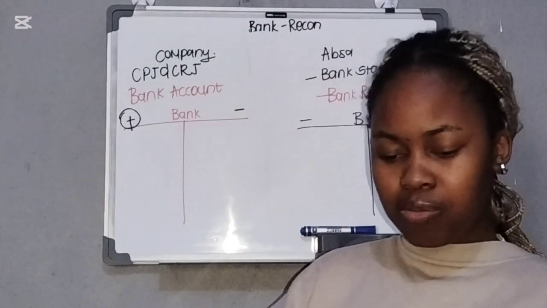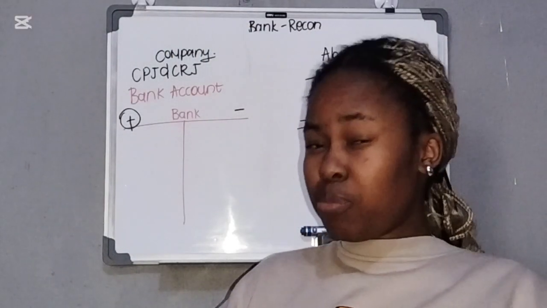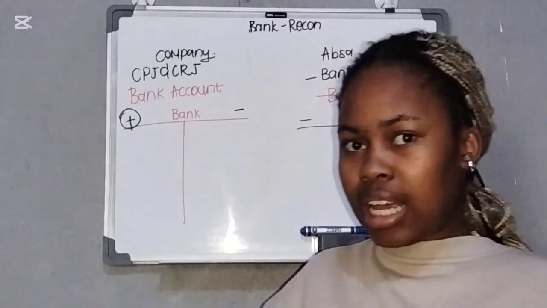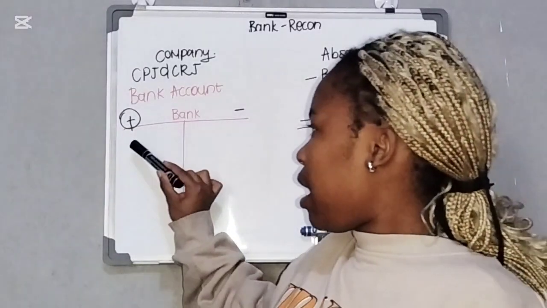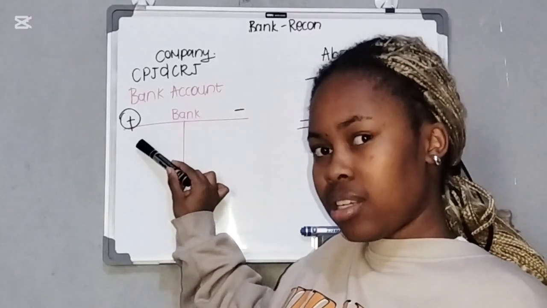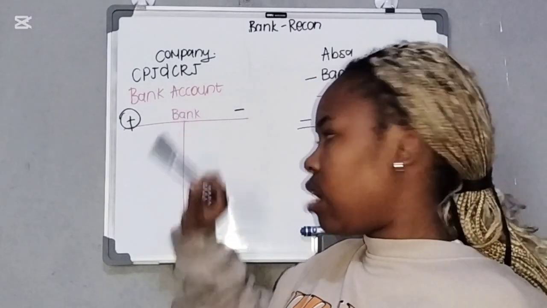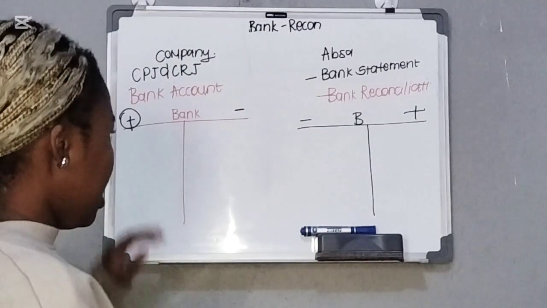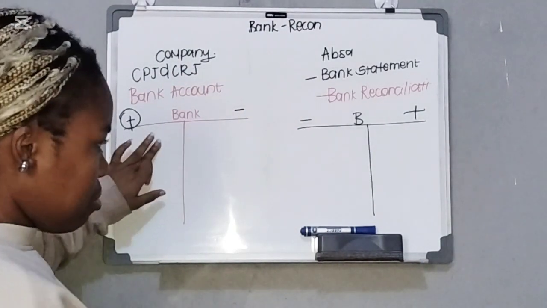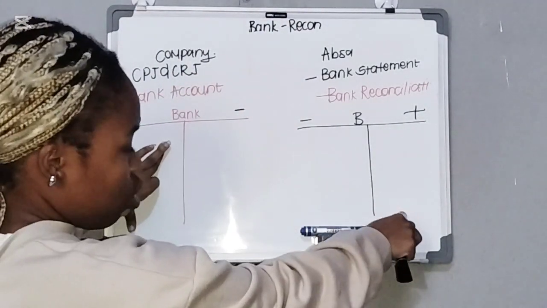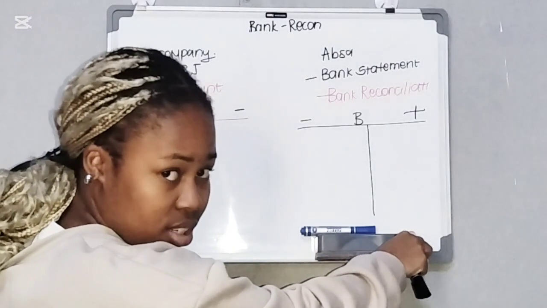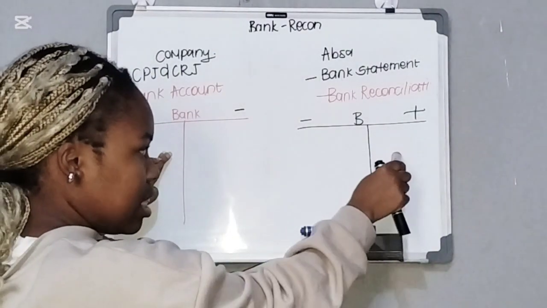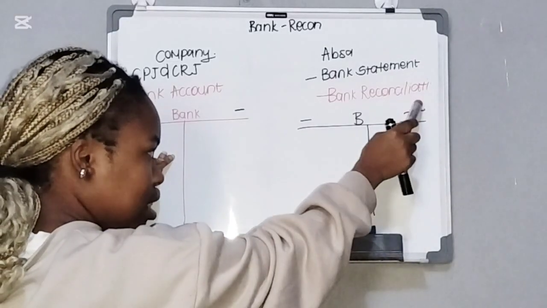Let's prove it. It will have these contra signs. I have a positive in the bank account. For every debit entry, there's a corresponding credit entry. Now, if this moves from this side, it's going to come to the other side because it is positive, and it is on the debit side, so it's going to move and come on this side. It's going to be positive.